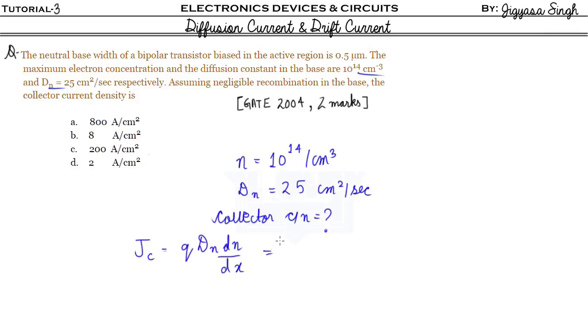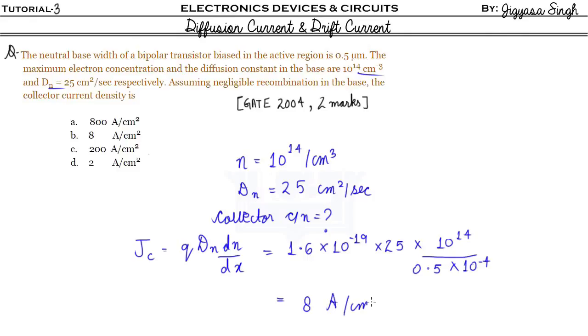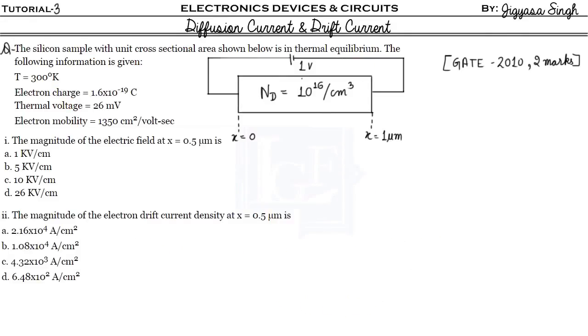If we put the values, this will give me 8 amperes per meter cube. This is the answer. Now this question was asked in 2010 for 2 marks, and this is a linked question. First you have to study this and then you have to answer these 2 questions.